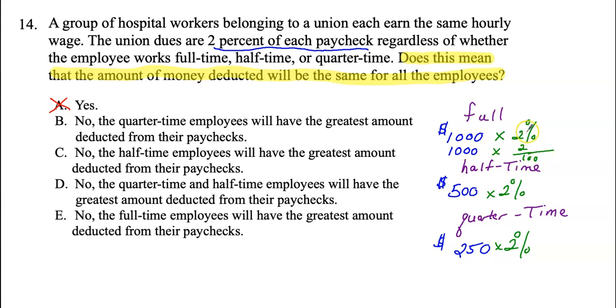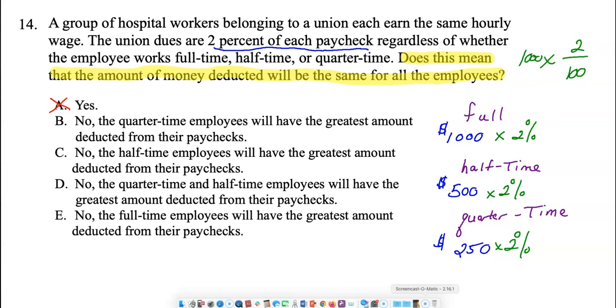Hope you can see that. Remember, percent means out of 100. In other words, I'm just rewriting this as 1,000 times 2%. Percent means out of 100. And I went over that in a previous problem.